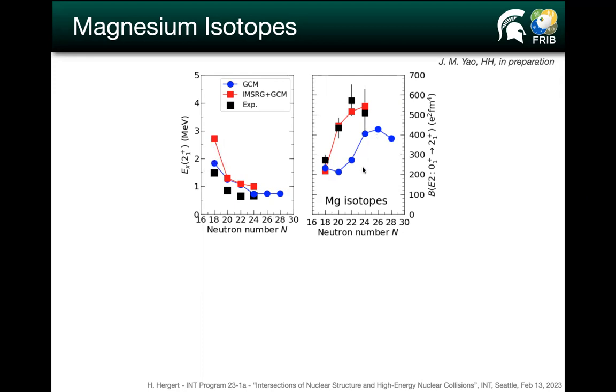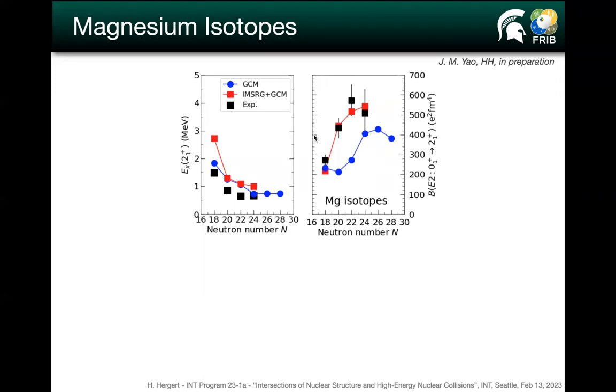But then what happens here is that suddenly the BE2 values are almost spot on, which is actually one of Bob Ross's happy little accidents, I would say, because they are in a way too good to be true. Because we saw in the previous slide that the radii are actually underpredicted, and the quadrupole transition operator, of course, also has an R² dependence in it. So you would expect the BE2s to be a little bit underpredicted as well, or 5% underpredicted or so, and not to be quite as good as they look right here.